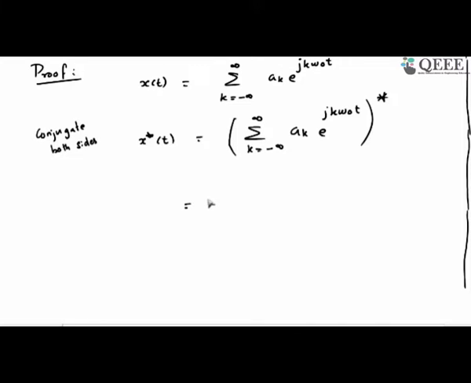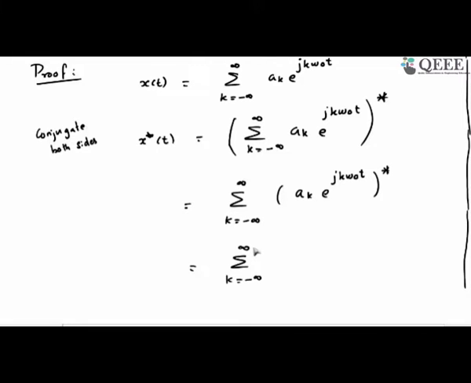When you sum certain complex things and then conjugate, it is equivalent to conjugating each quantity and then summing, because conjugation is linear. It is not affected by interchanging the summation and conjugation. So I conjugate each term and sum. Each term is a product of two terms.